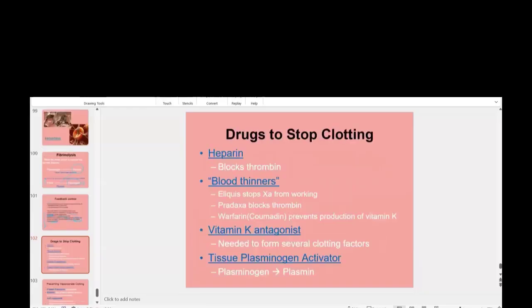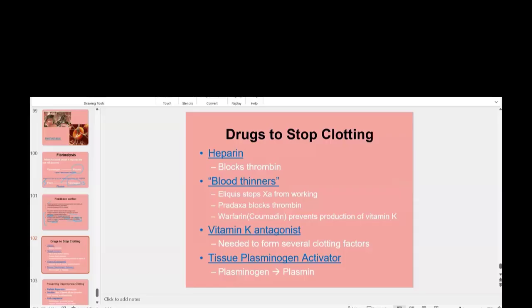There are drugs to stop clotting, like heparin that blocks thrombin. There are blood thinners as well. If you're going for a surgery, the doctor will tell you that if you are on blood thinners, then you need to stop the blood thinners before you go for the surgery, because you need the clotting to happen after the surgery. The blood thinners would prevent it.